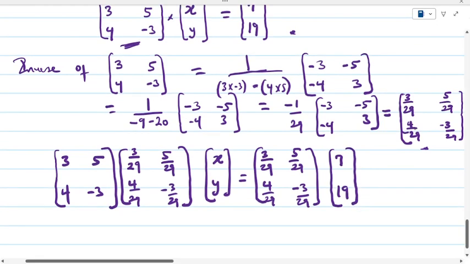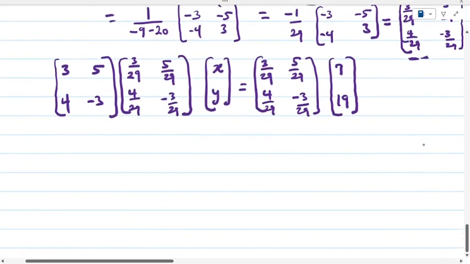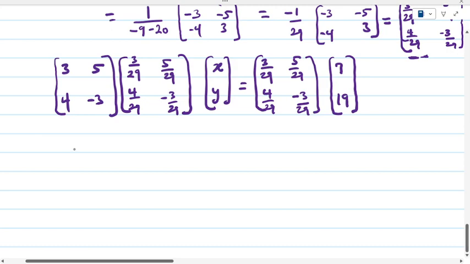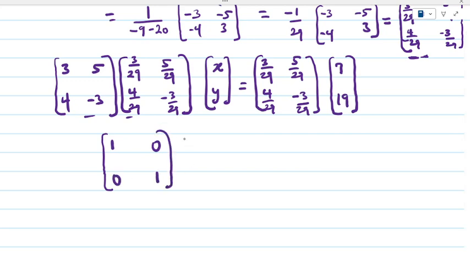So multiply each side with the inverse of the coefficient matrix. If you multiply this with this, that will give you a unit matrix, 1, 0, 0, 1, times x and y.